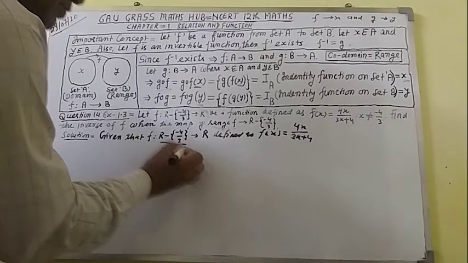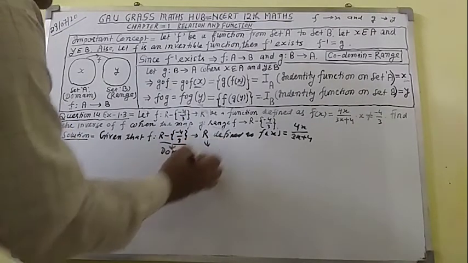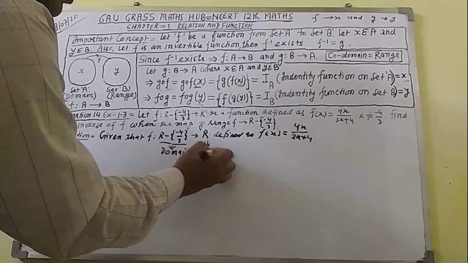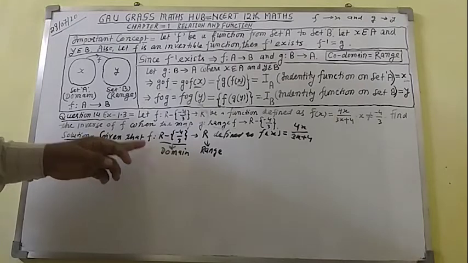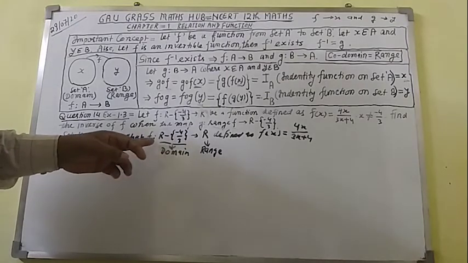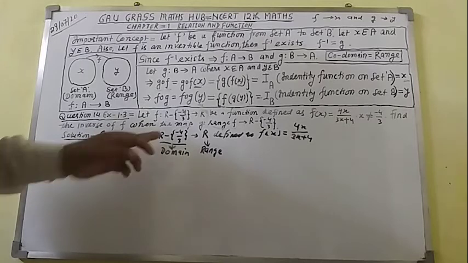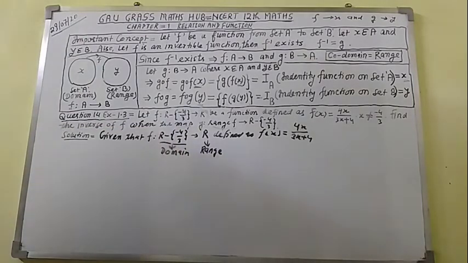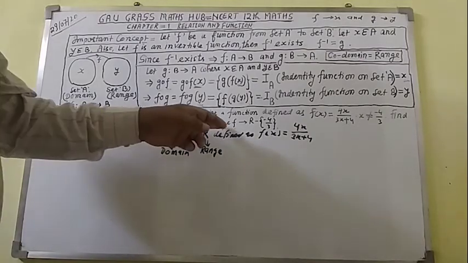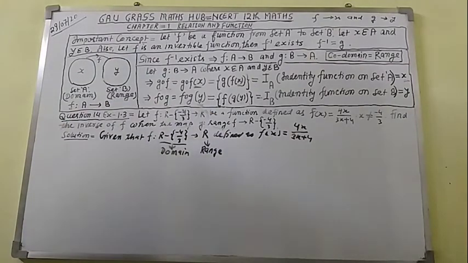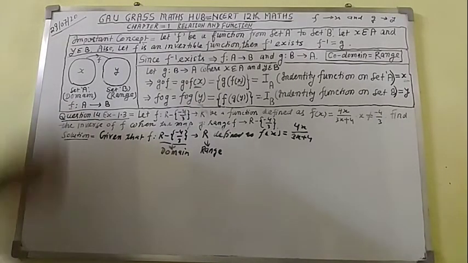This will be termed as domain, and this will be termed as range. This is the original function f, from domain to range. Since f inverse exists, this mapping will be there.